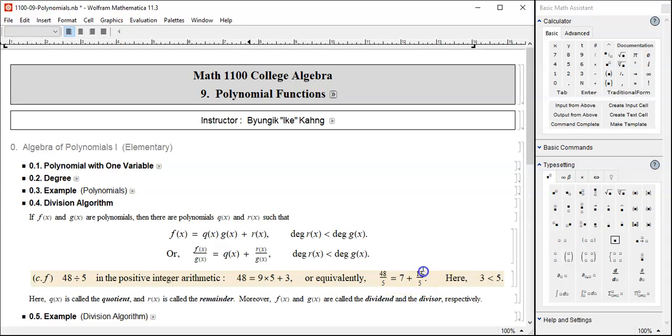This is not a quotient, this is not a remainder, because 13 is greater than 5, so I can still divide by 5 and reduce it further. And then you're going to get an additional quotient of 2, which will be added over here. And then after that, I just get 3. So this kind of thing is the division algorithm or division arithmetic in positive integers.